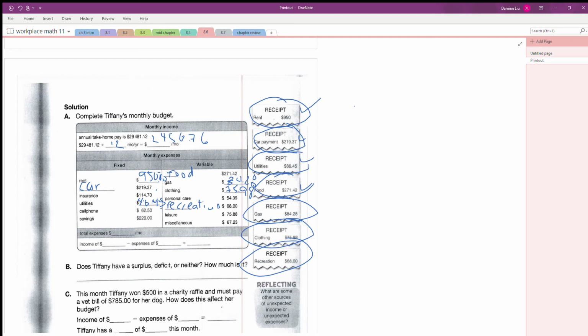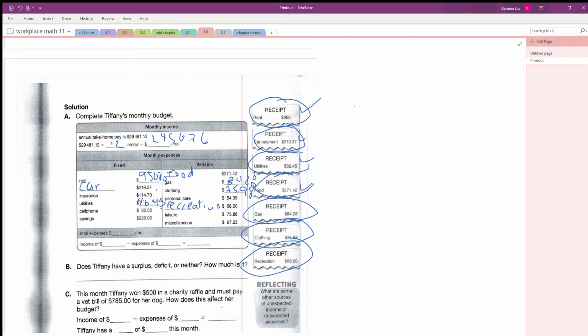So what we want to do now is add up all these amounts to find the total expenses. We've got all of these different expenses. We've looked at all the receipts. So now I'm going to grab a calculator and put it all in.